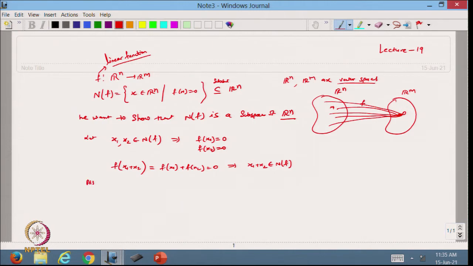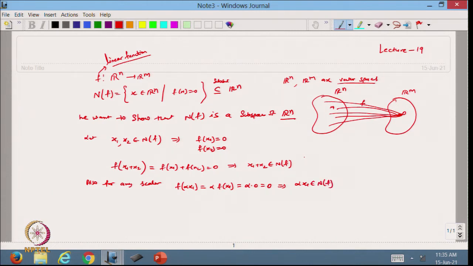Also, for any scalar alpha, f(alpha x1) is linear, so I can take the scalar outside, and that becomes alpha into f(x1), which is alpha into 0, and that is 0, which implies that alpha x1 also belongs to N(f).